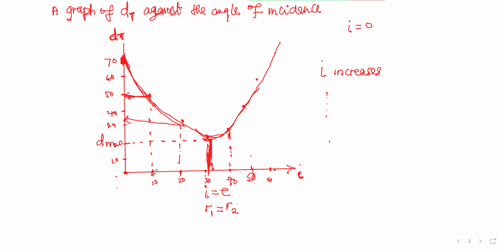Meaning that as we increase I, total deviation is also decreasing. But when I is 0, 70. When I is 10, we have 50. When I is 20, we have 45, and so on. Are you okay? Yes, sir, I'm okay now. Thank you. All right.